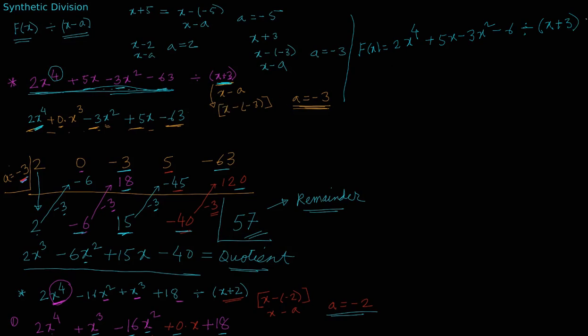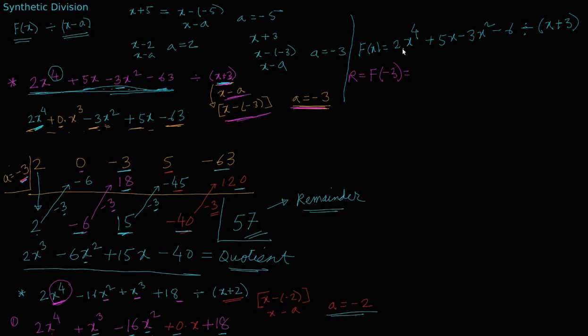Now as you have seen before, x plus 3, if I write in x minus a type, is x minus negative 3, so my a is negative 3. So how am I going to find the remainder r? The remainder r is f(negative 3).